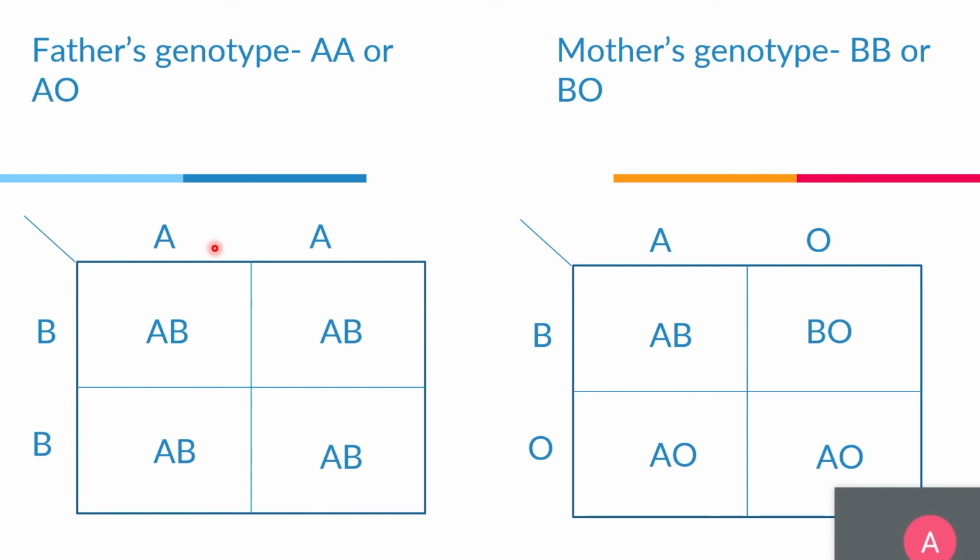So we have the father's genotype here on the top and the mother's genotype on the bottom. And I have drawn here two Punnett squares, but essentially there should be four depending on the combination. So one with AA and BB, AA and BO, AO and BB, and AO and BO.